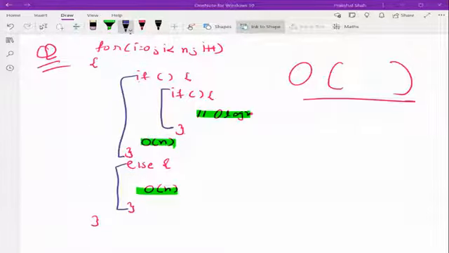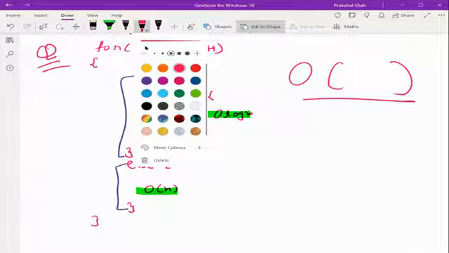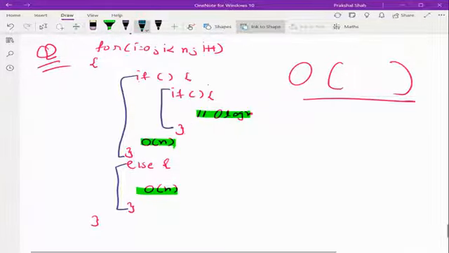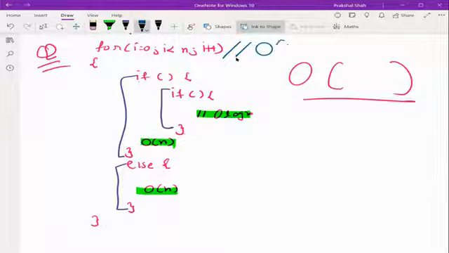Okay, see here. Now see carefully what I am speaking. See everyone carefully what I am trying to explain to you. We have to consider the worst case always. This should be clear. Now for this case it is clear that the for statement would be order of n always.